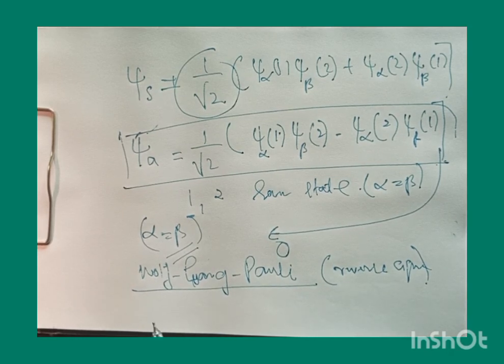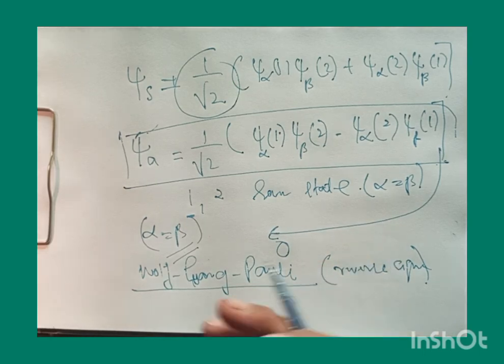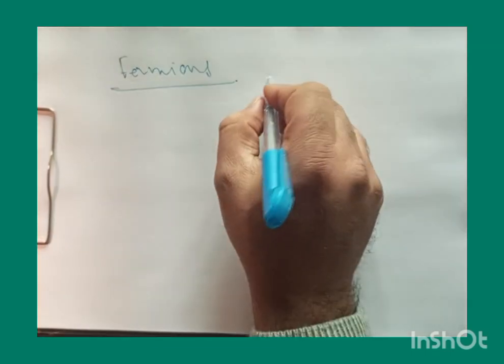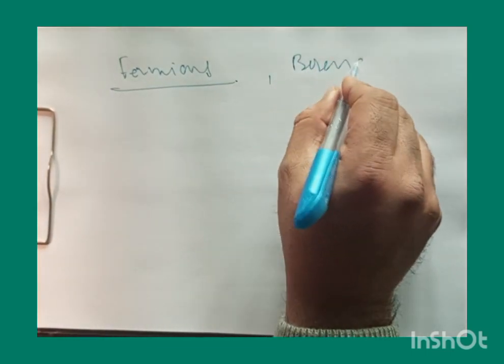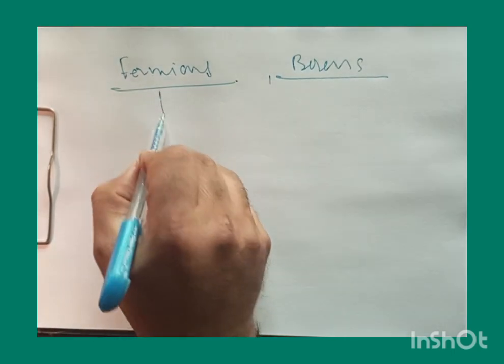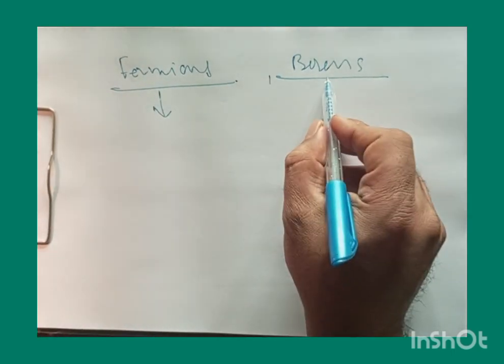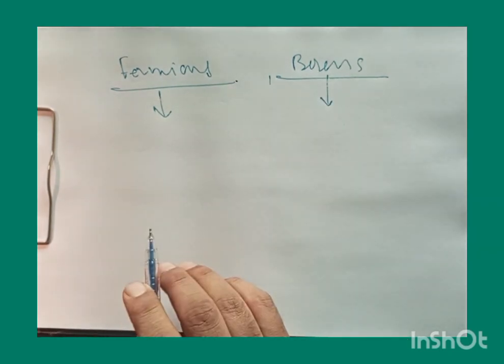If they don't reverse, we call it a symmetric wave function. And this gives birth to the particles that we know as fermions and bosons. For fermions, we have the antisymmetric wave function, and for bosons, we have the symmetric wave function.